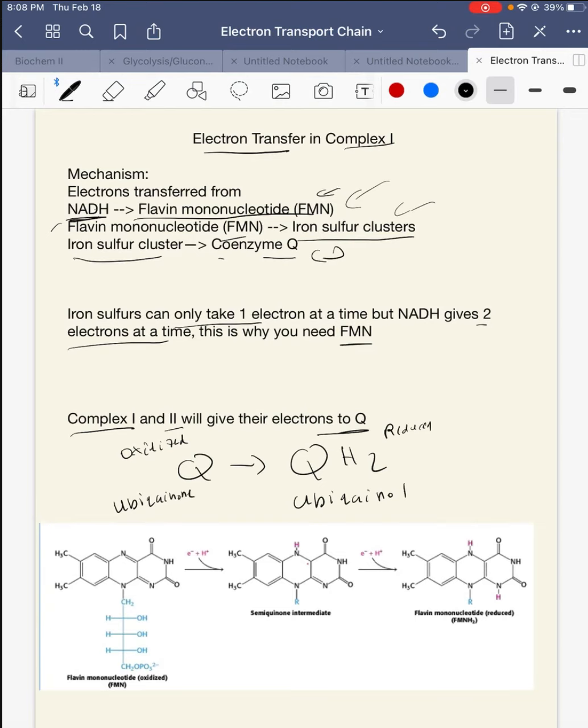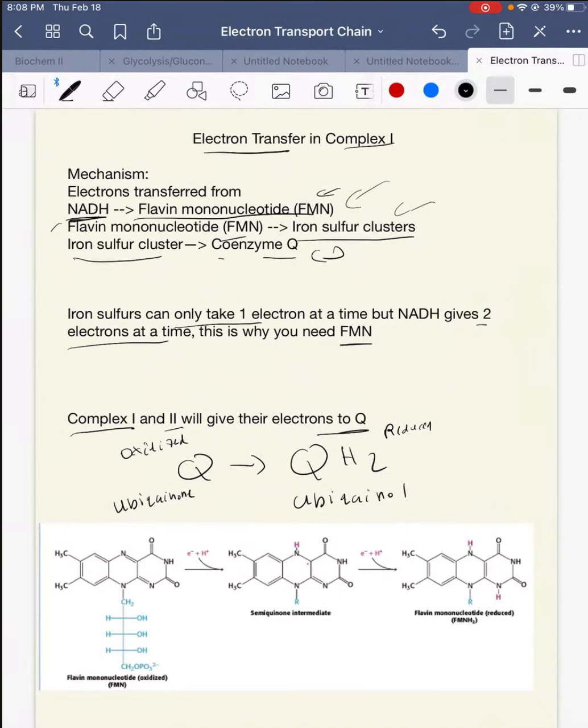I added that because I got confused a lot with it when I was first learning the electron transport chain. Also, ubiquinone is different from ubiquitin. Ubiquitin is the thing that tags proteins in the cell to be degraded. Ubiquinone is the one in the electron transport chain.